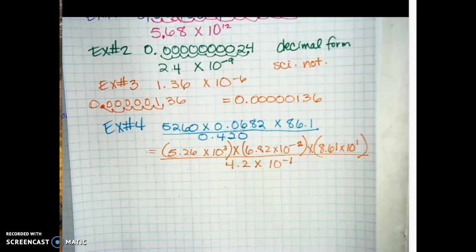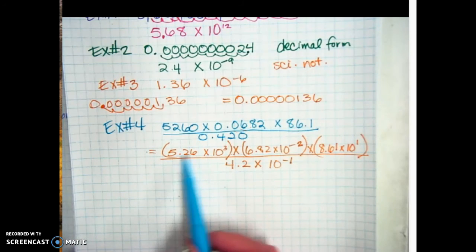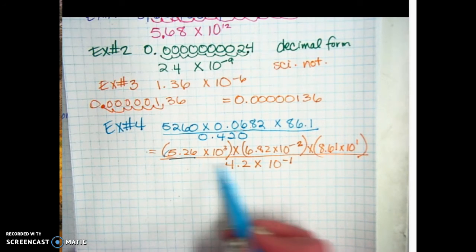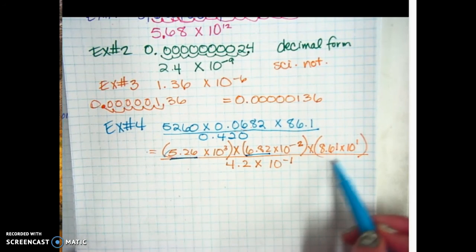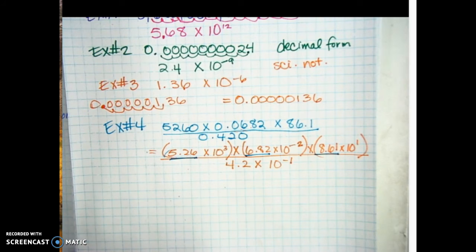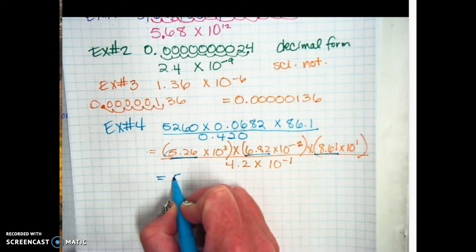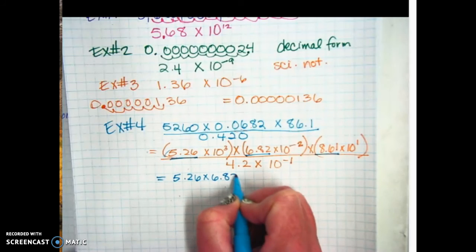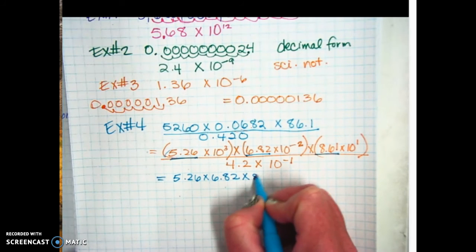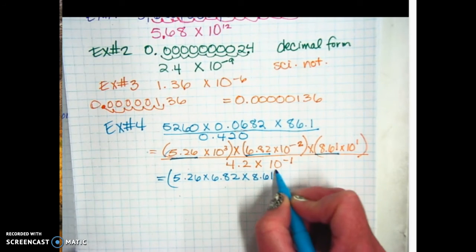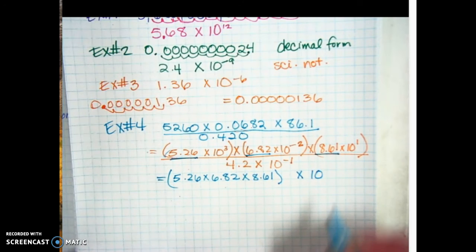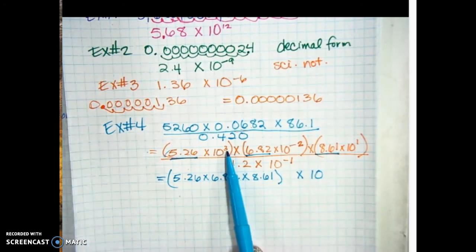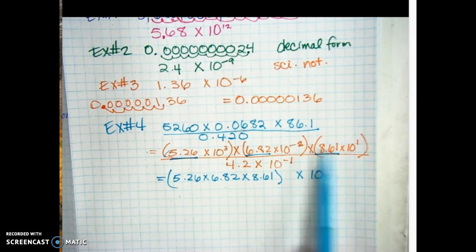All right, so now we're going to group all of the number parts. So this one, this part, and this part. I'm just showing you the way the book says to do it. So it says to go 5.26 times 6.82 times 8.61 times 10, and then you have to combine all these exponents of 3, negative 2, and 1.